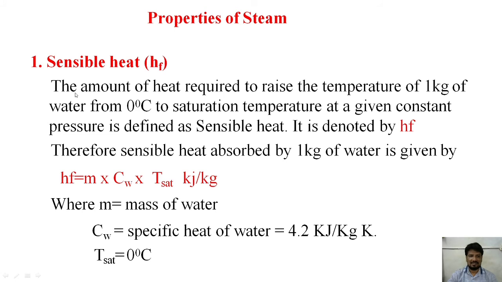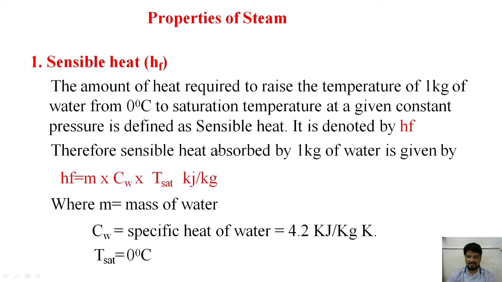Previously we discussed the amount of heat required to raise the temperature, at constant pressure, of 1 kg of water from 0 degree to saturation temperature. That, at a given constant pressure, is defined as the sensible heat and is denoted by HF.